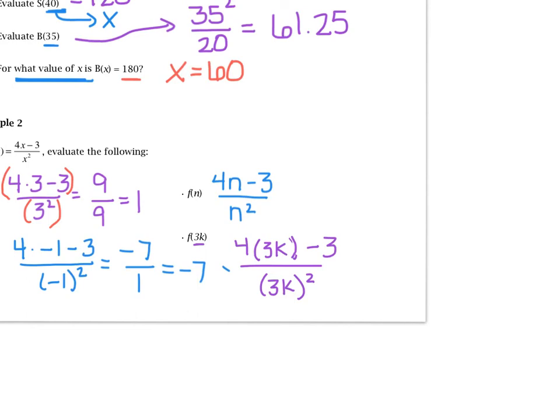I can't boil it down to a single number, but I can simplify it. I can say 4 times 3k, I can put those together and make that 12k. And on the bottom where I see 3k to the power of 2, remember that means to square the 3 and square the k, so that actually gives me 9k squared.